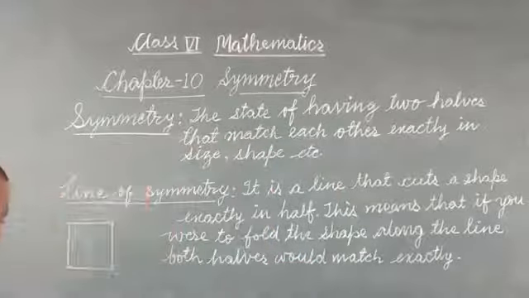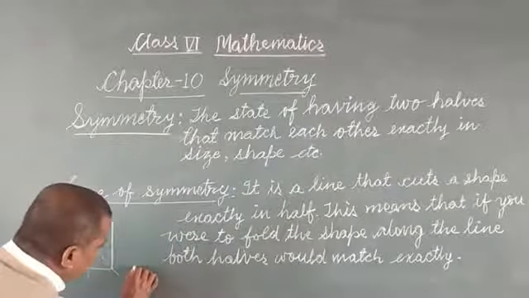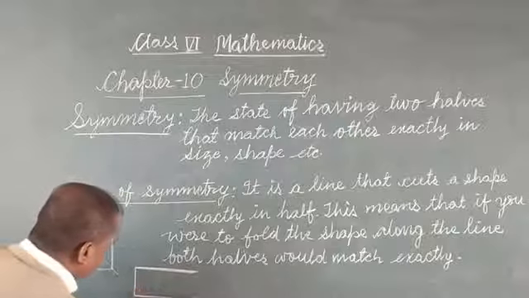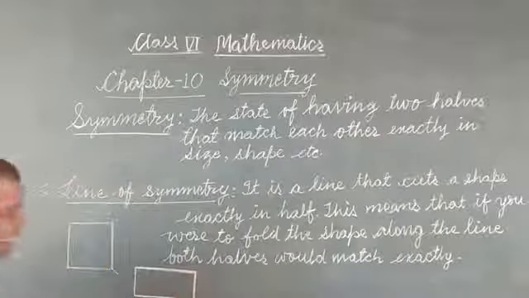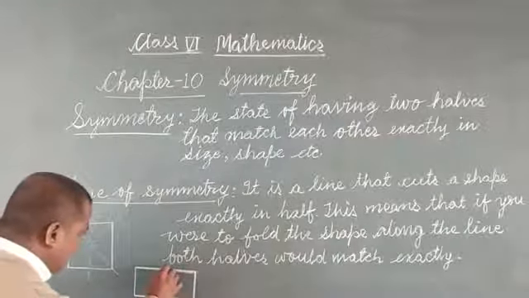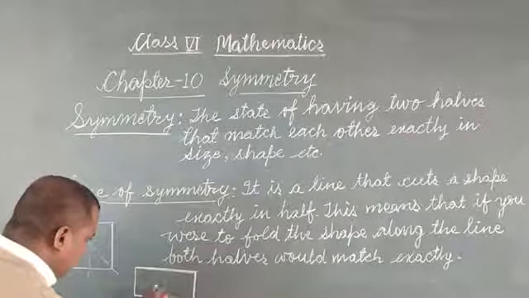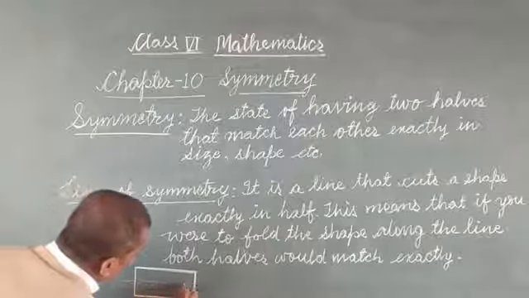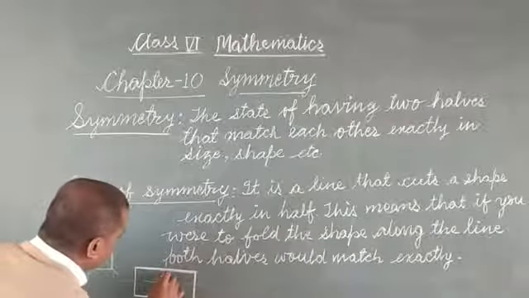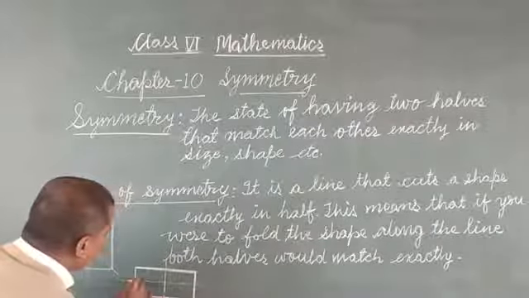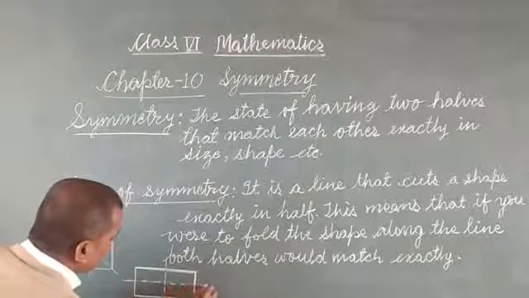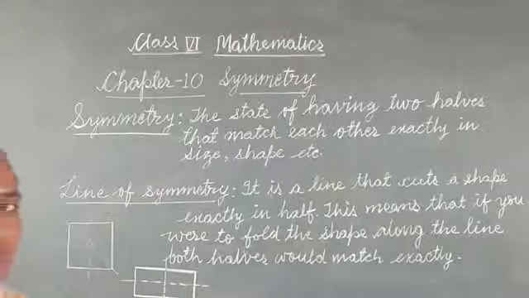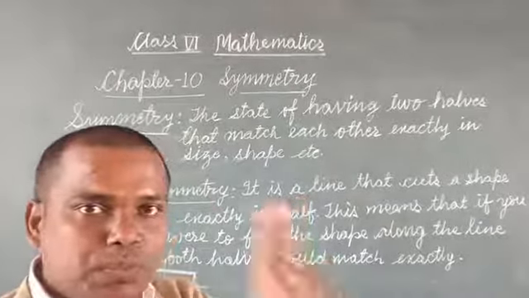I am drawing. Suppose it is a rectangle. So we will get a line of symmetry exactly here, one, and here, one. So in case of a rectangle, we will have only 2 lines of symmetry.